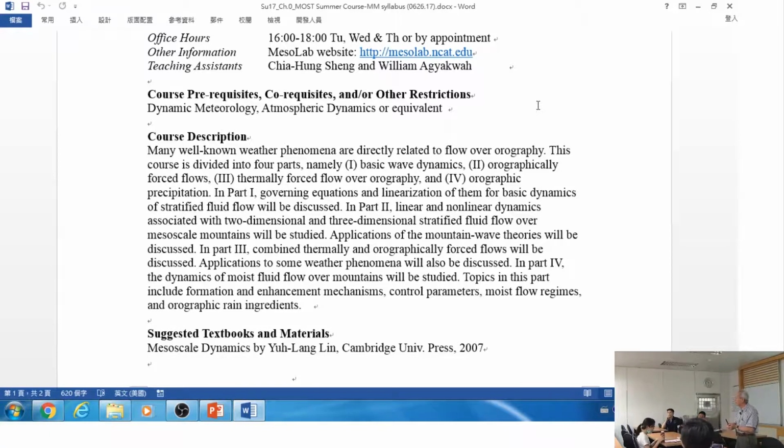How many people do you have? 21. Then maybe we can have 4 or 5 groups. If someone is not familiar with Fortran, especially the model, then your group members can help you. For the homework part, you have to do it by yourself.